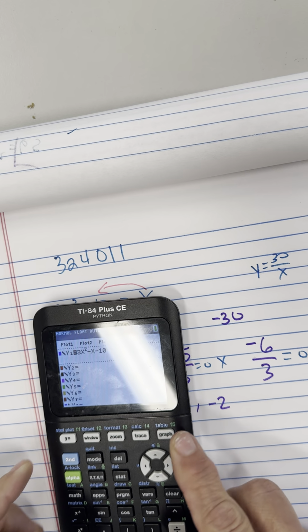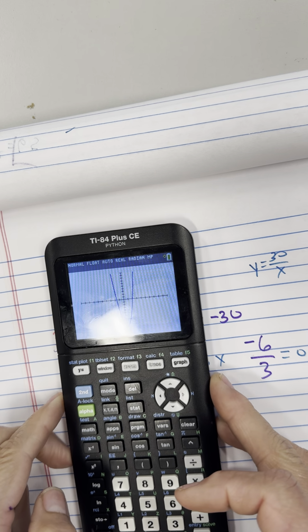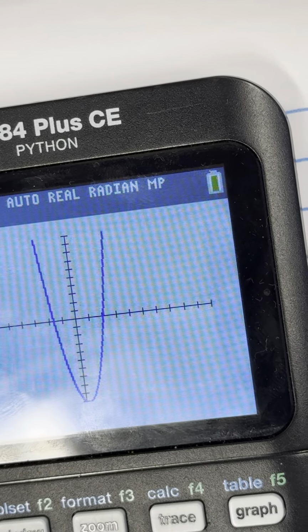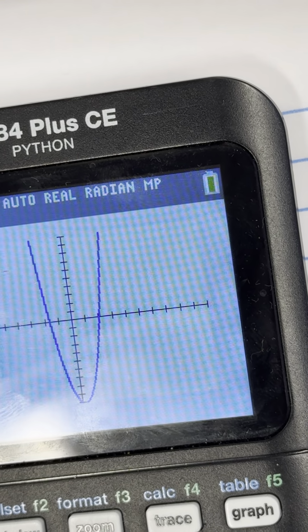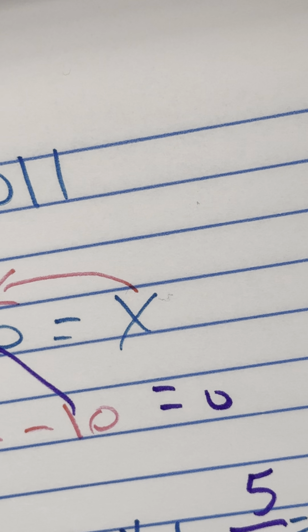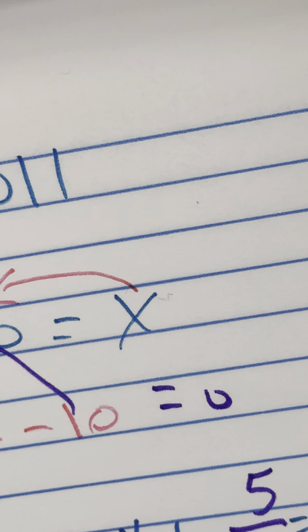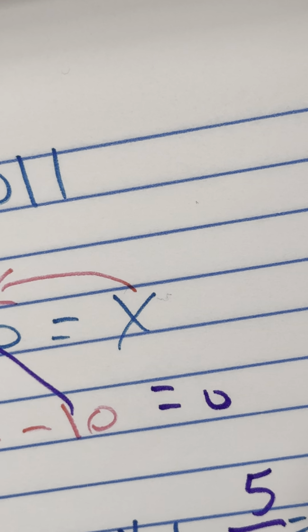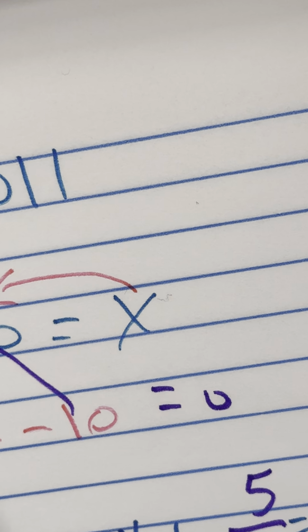One, I can graph, and I can visually see that I am crossing at positive 2, and because we get a negative 2, the opposite of negative 2 is a positive 2. Good thing I'm checking my answer. So x minus 2 equals positive 2.